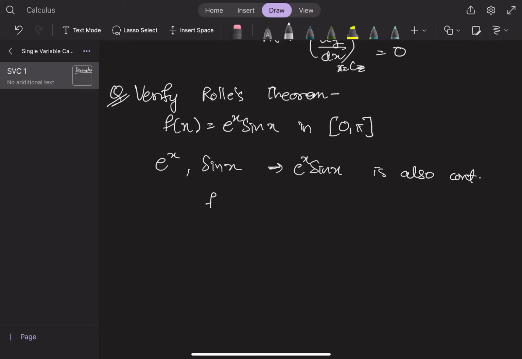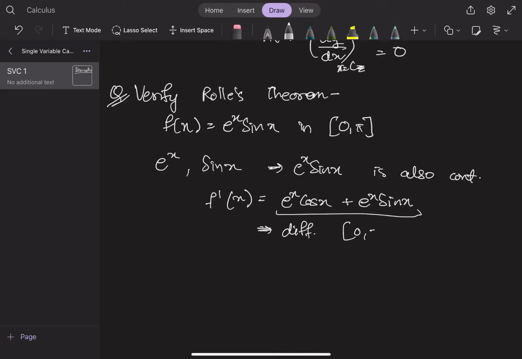Now let's try to find f dash x. This becomes e to the x cos x plus e to the x sin x. So this can easily be differentiated in 0 to pi, which means this is differentiable in 0 to pi.